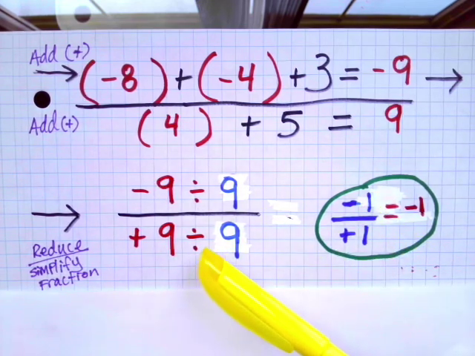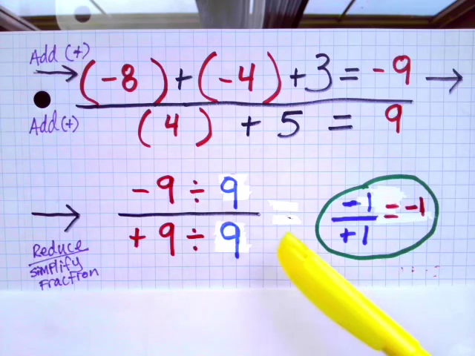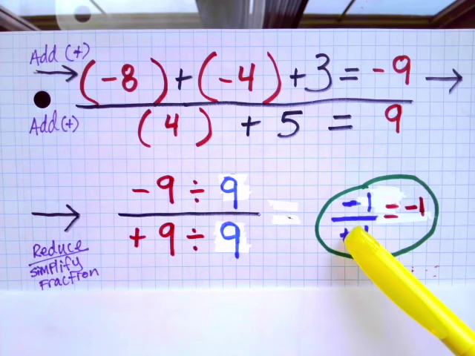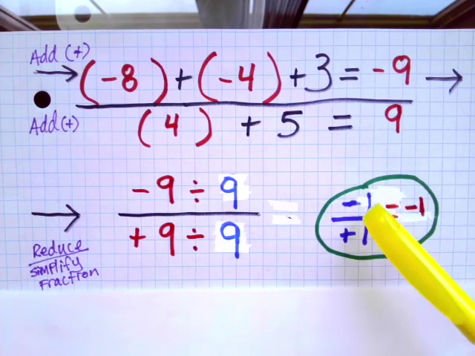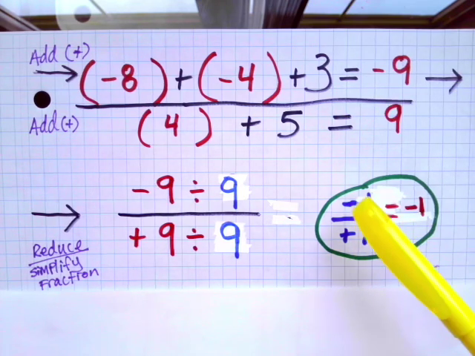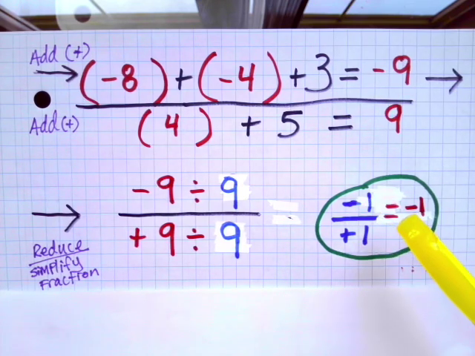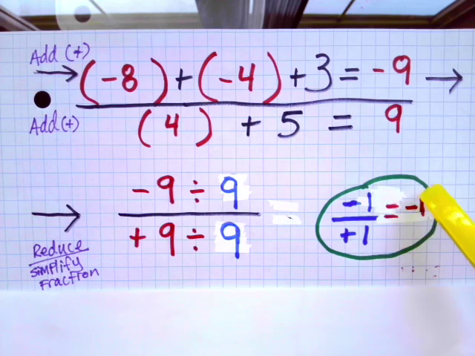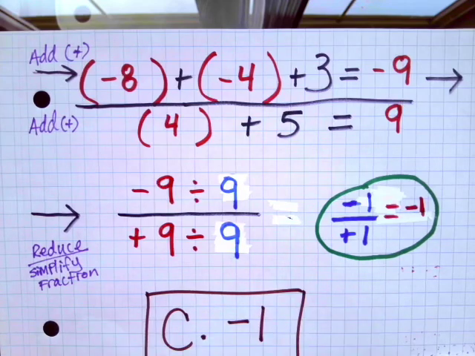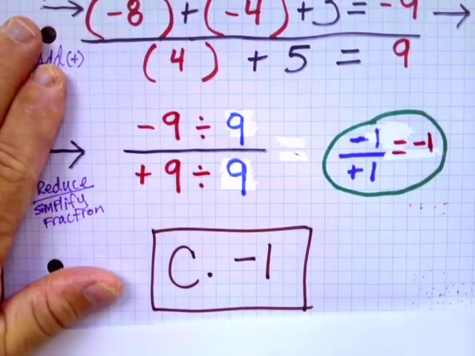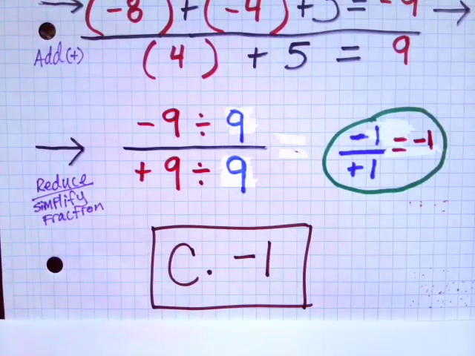Positive 9 divided by a positive 9 is a positive 1. Anything over itself is 1. 1 over 1 is 1. 1 negative, 1 positive makes it a negative 1 value. So in simplifying the original term, we ended up with a negative 1 value. So the answer, of A, B, C, and D, is C, negative 1.